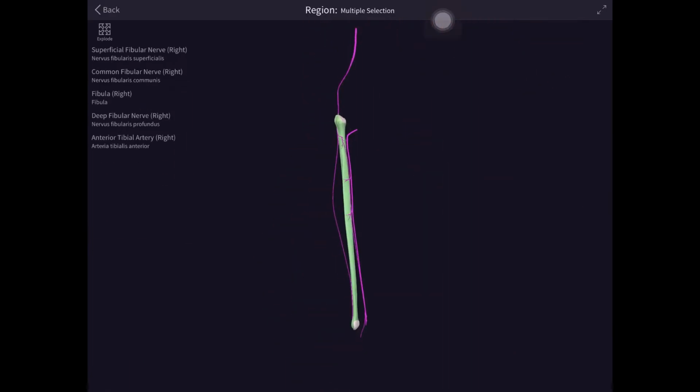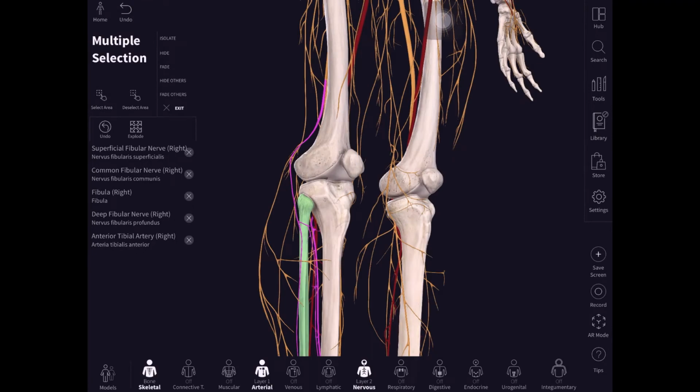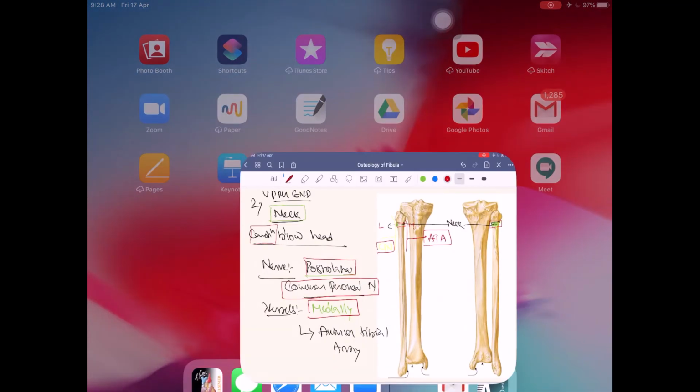Now we can see the one which is changing to red color, it is lying hand in hand with your deep peroneal nerve, so their intimate relationship is there. The artery is lying medial and the nerve is lying posterolateral. That is the relationship at the neck of the fibula. So let us go back to our presentation, and this finishes the neck of the upper end.